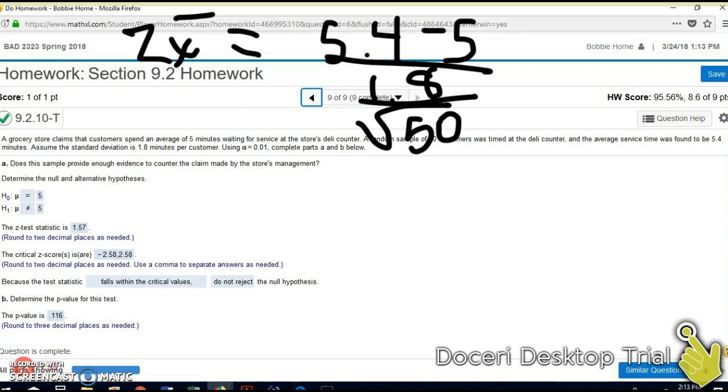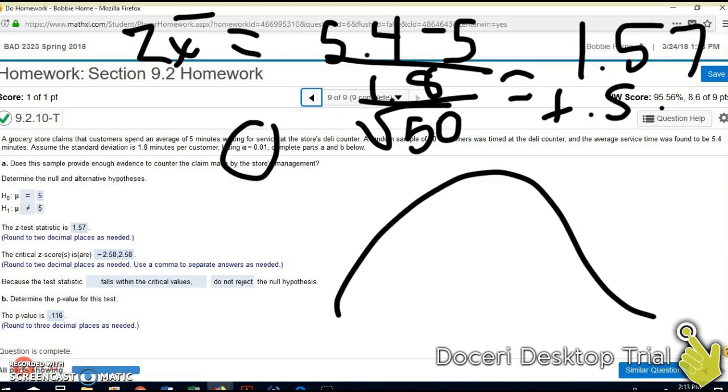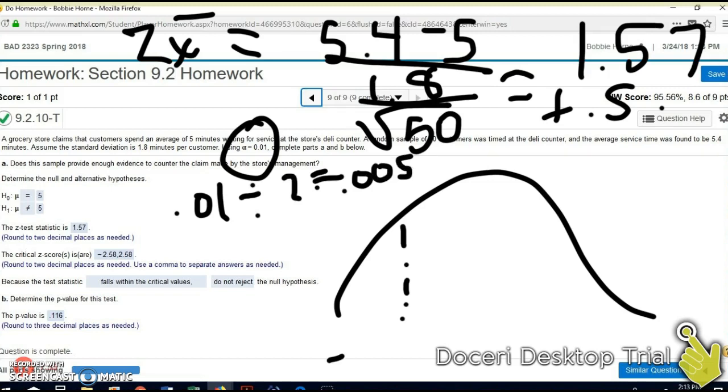So when you put this in your calculator, you end up getting, I believe it's 1.57 for your test statistic, and then it's a two-tailed test, and alpha is 0.01, divide that by 2, so we need to look up alpha is 0.005 to get our critical values, and I believe it's negative 2.58 and positive 2.58.